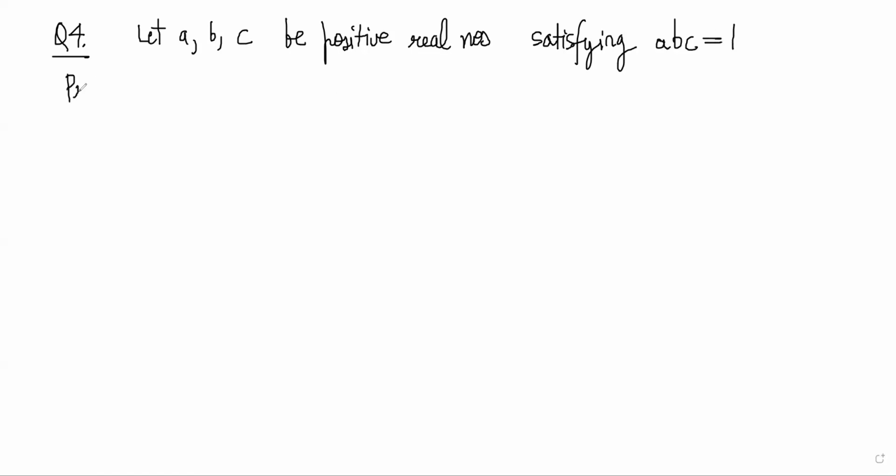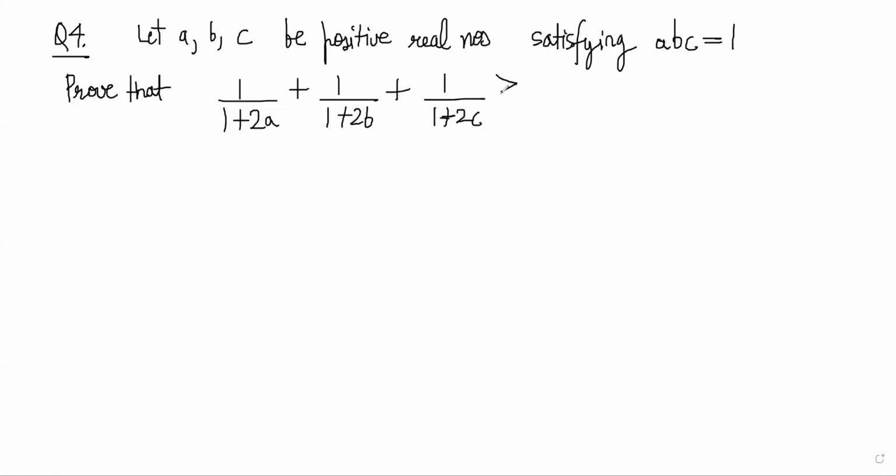We have to prove that 1 by 1 plus 2a plus 1 by 1 plus 2b plus 1 by 1 plus 2c is greater than equal to 1. Now this is the type of question that you will see many times. Since a into b into c is given as 1, we have to think of an appropriate substitution that simplifies this problem for us. So this is a cyclic substitution.